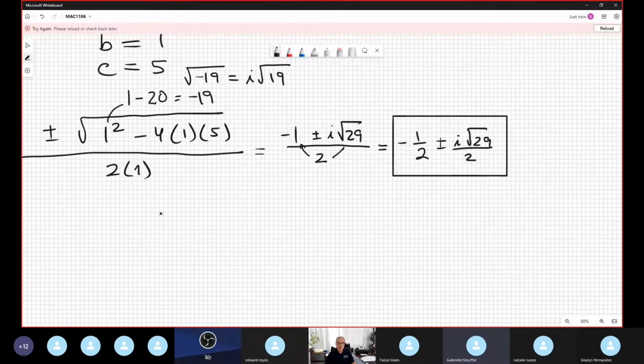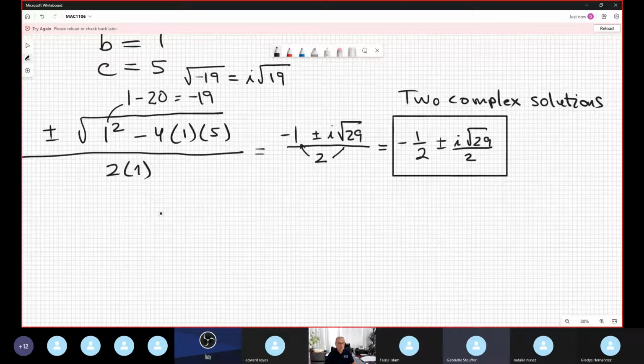In this case, we have two complex solutions. And when this situation happens, guys, the complex solutions always come in pairs. We study this in detail in the next chapter, but now I anticipate a little bit. When you have complex solutions, they come as a pair of conjugates. So we never have three complex solutions or five.